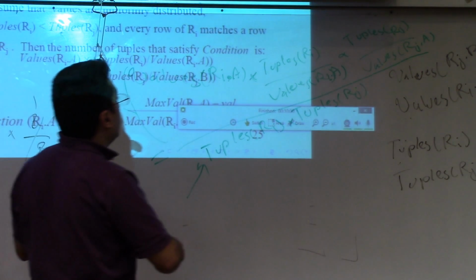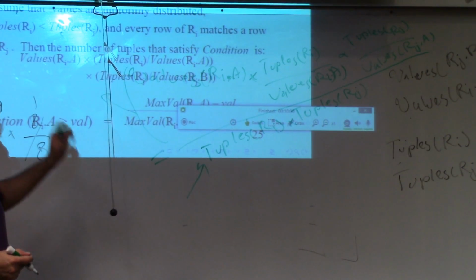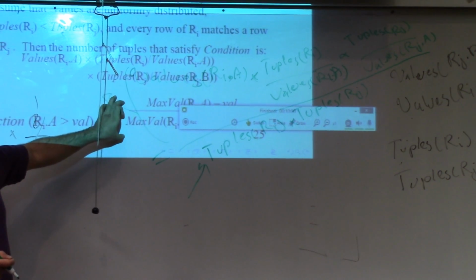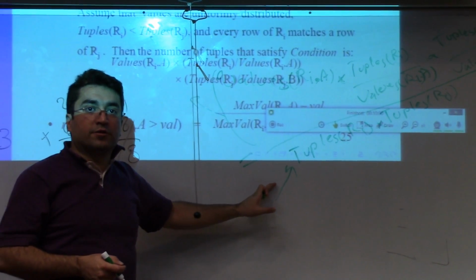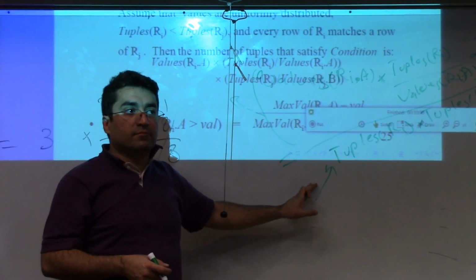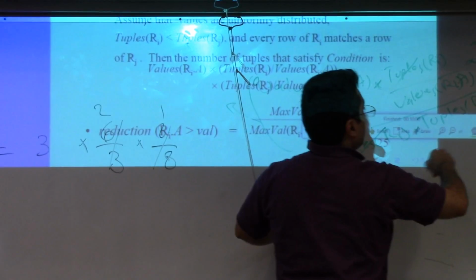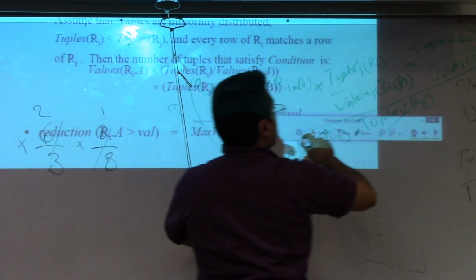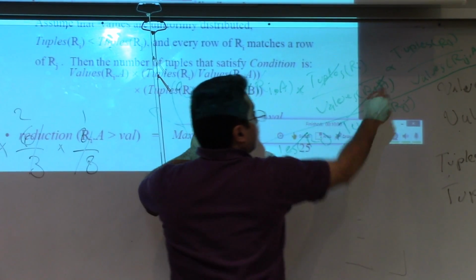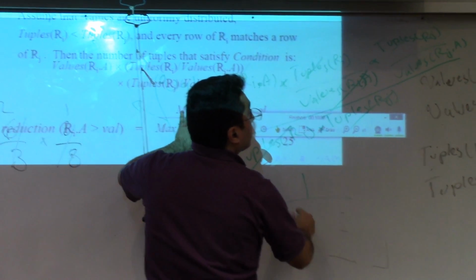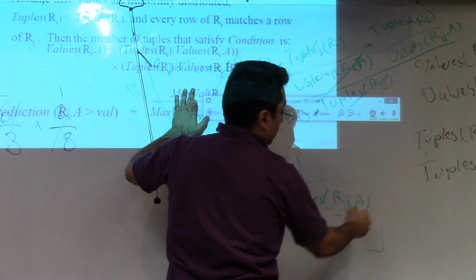So what is the reduction? This is the reduction, right? The estimated output over the total number in the denominator. What is the result? This is gone by this one, this is gone by this one, and values of RIA is equal to values of RJA.